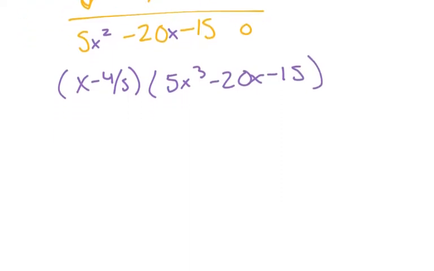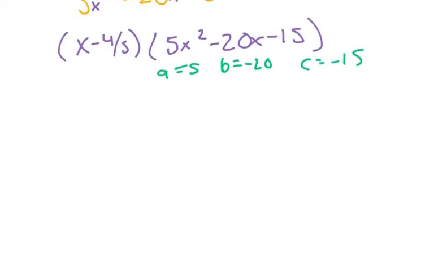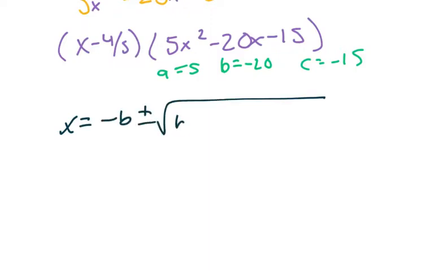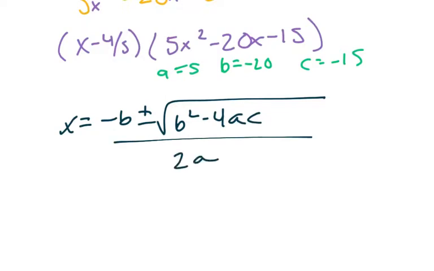It also means, oops, that should be a squared, that our a value is 5, our b value is negative 20, and our c value is negative 15 in the quadratic formula, x equals negative b plus or minus the square root of b squared minus 4ac all over 2a.